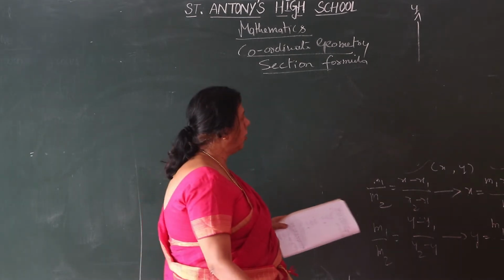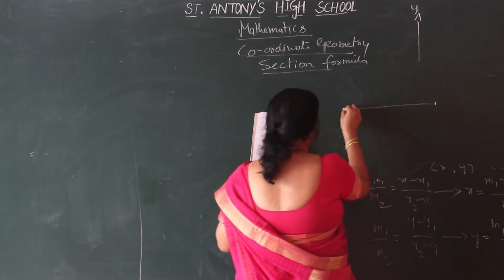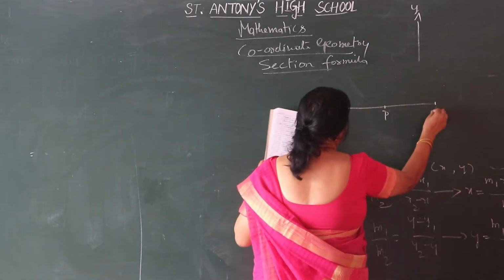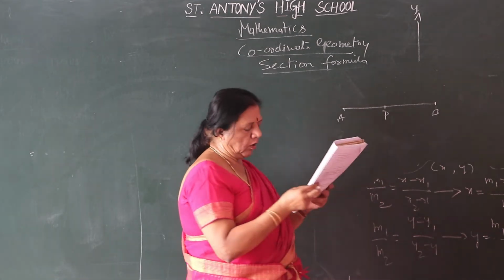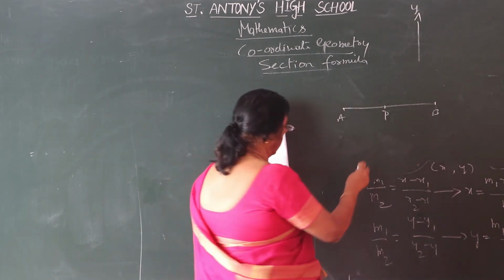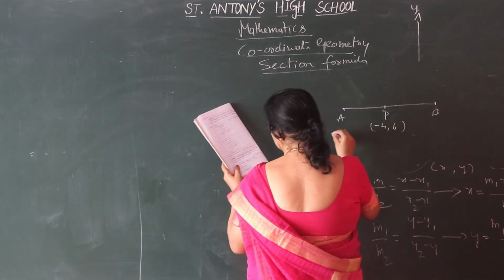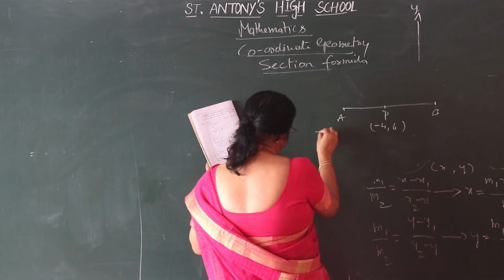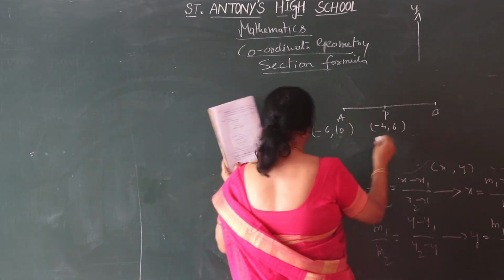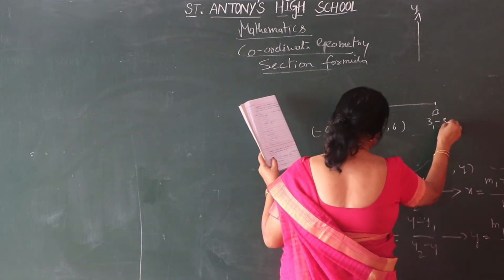Isn't it? Draw the line segment. This is a line segment, and P is a point on it. This is A, this is B. They have given P also: -4 comma 6. What is the other point for the line segment? -6 and 10, and the other point is 3 comma -8.